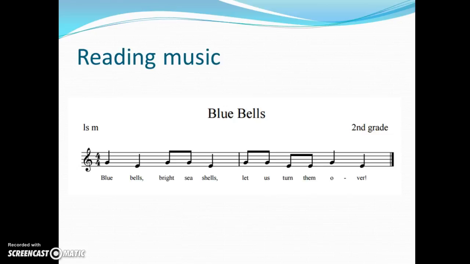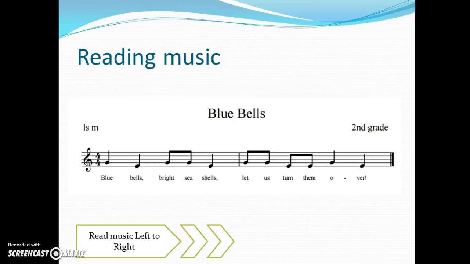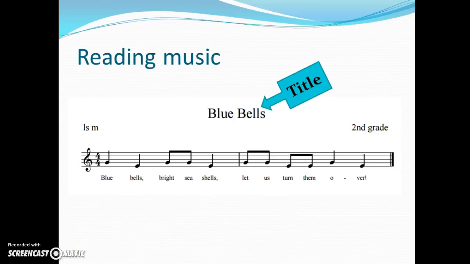Now when we go to read music, if we look at our Bluebells music, we have a couple of things that we know from our facts. First, we read music from left to right, just like we read a regular book. Next, we also have the title in every piece of music. Even if it's made of numbers or letters or symbols, each piece of music has a title.